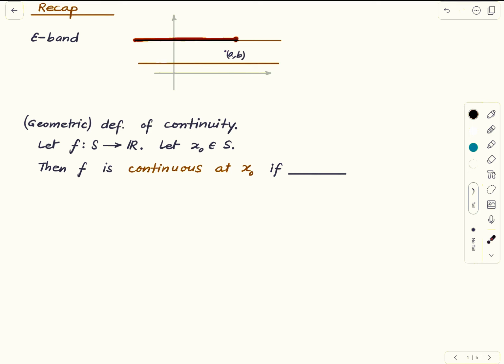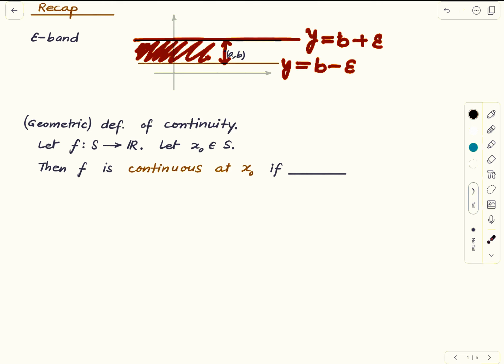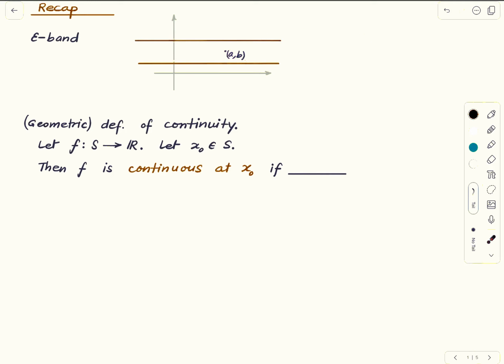You draw a horizontal line epsilon distance above b and draw a horizontal line epsilon distance below b. So this line is y equals b plus epsilon, and this is y equals b minus epsilon. And everything that is sandwiched strictly between them is the epsilon band about (a, b).